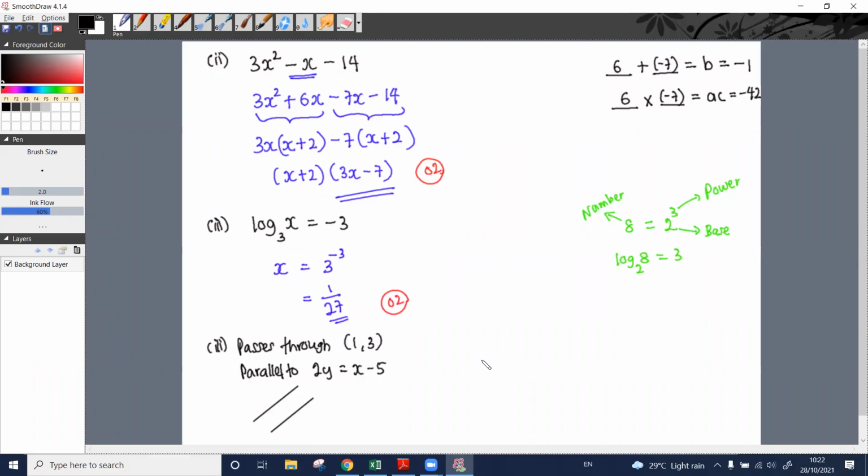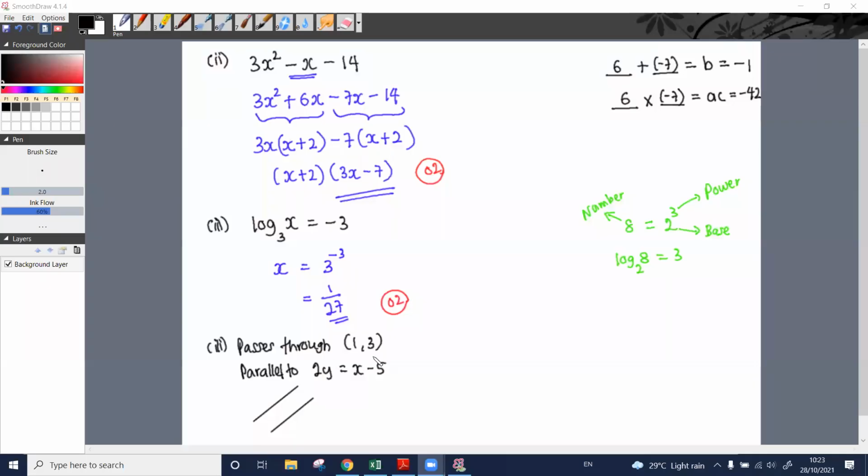Should the slope values be equal or unequal? Yes, those should be equal. In parallel lines, the slope value should be equal, right?